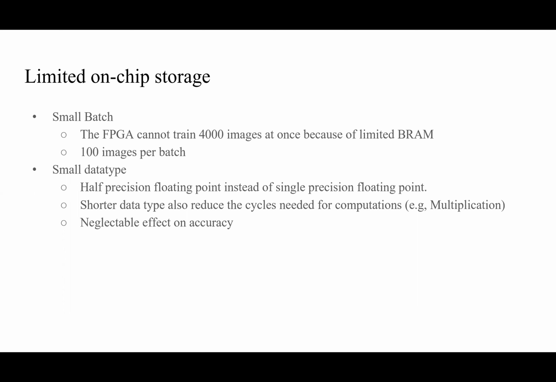We also use a smaller data type, which is half precision floating point instead of single precision floating point, so that the memory usage is halved. And the shorter data type also reduces the cycles needed for computations like multiplication from 4 cycles to 3 cycles. Using a smaller data type has very little impact on the final accuracy.